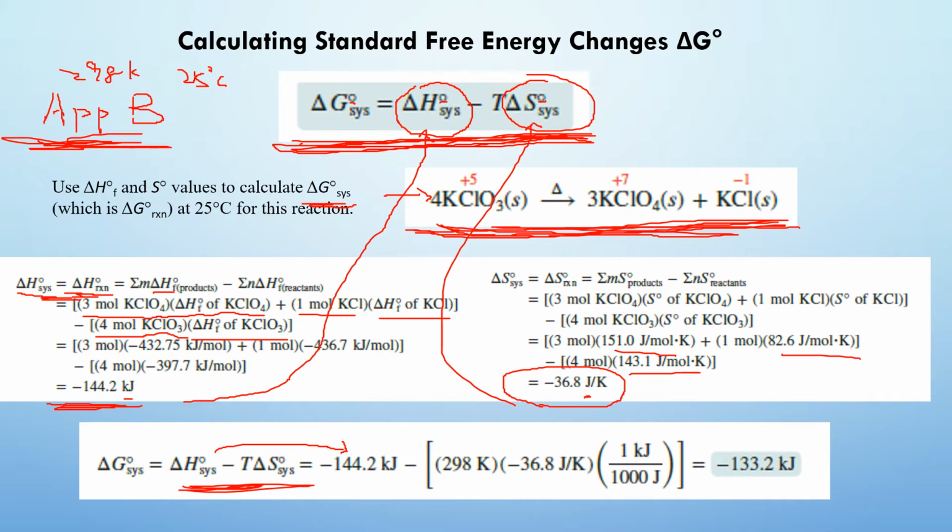Here we have temperature multiplied by joule per K, so the K cancels out, but you have joule, so you have to convert that into kilojoule. Now you get the standard delta G of this reaction. It's a negative number, which is less than 0, so we say it is spontaneous.